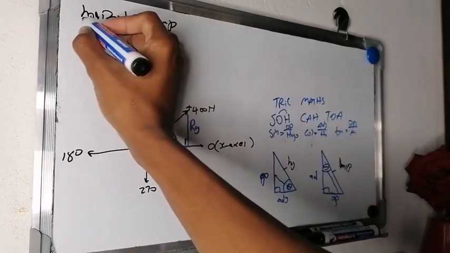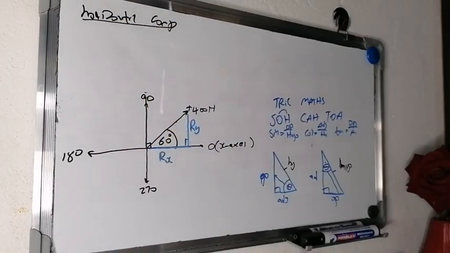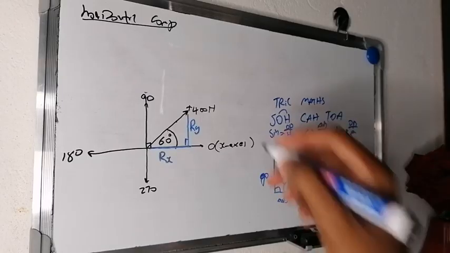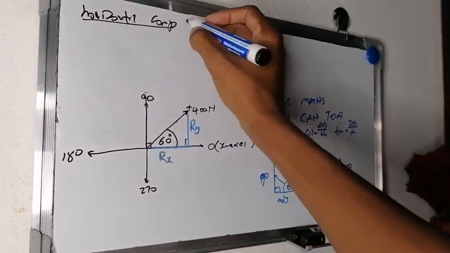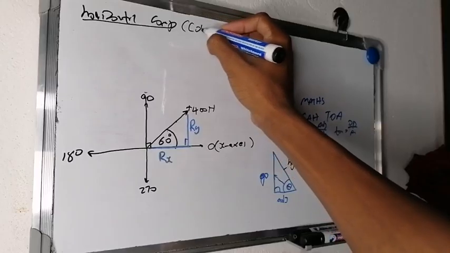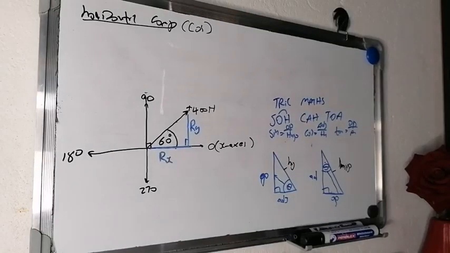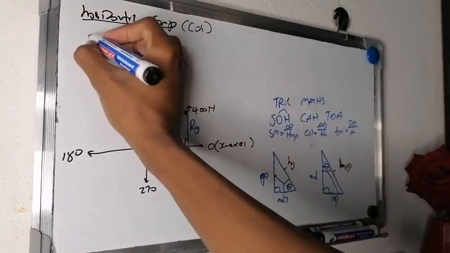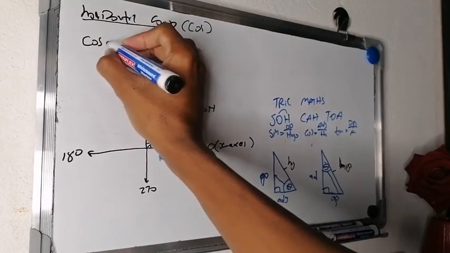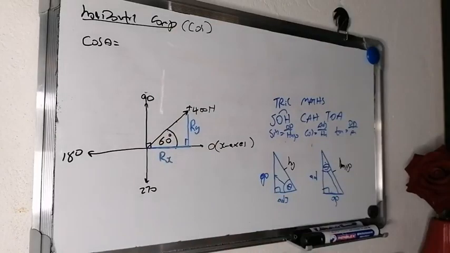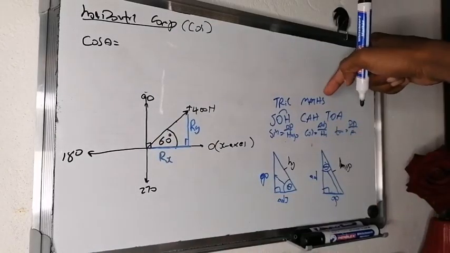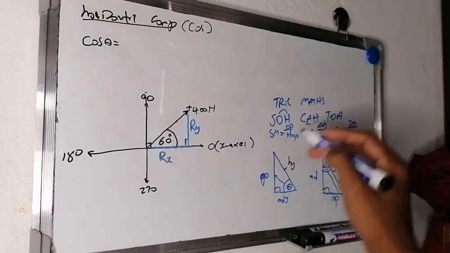With the horizontal component, you need to understand that whenever you are doing the horizontal component, you must use only the cos. So you are going to start with cos. Cos theta will be equal to, remember, cos according to SOHCAHTOA is CAH.